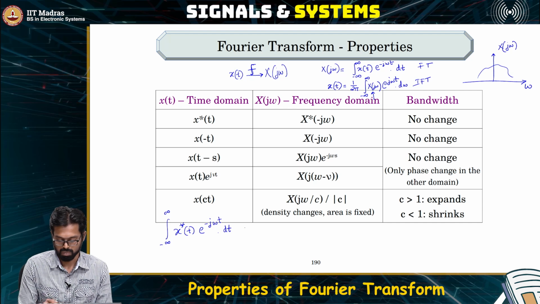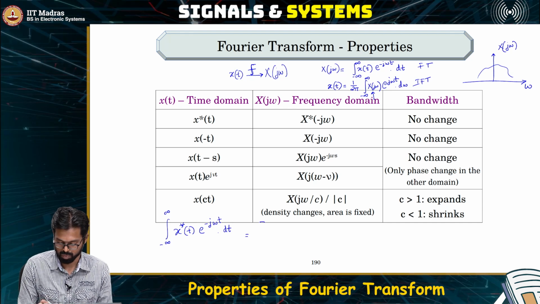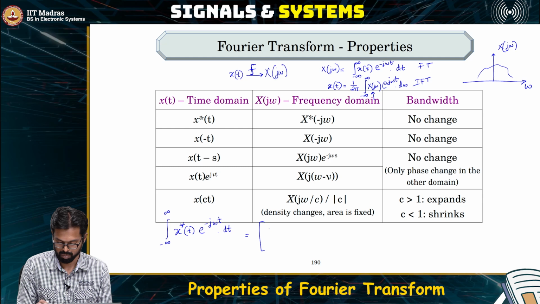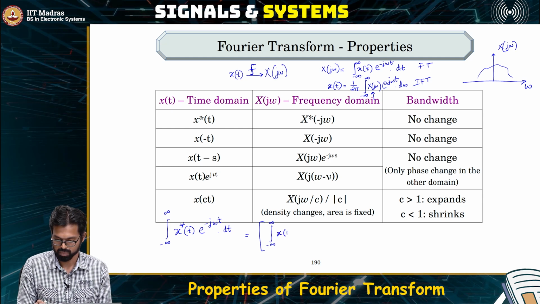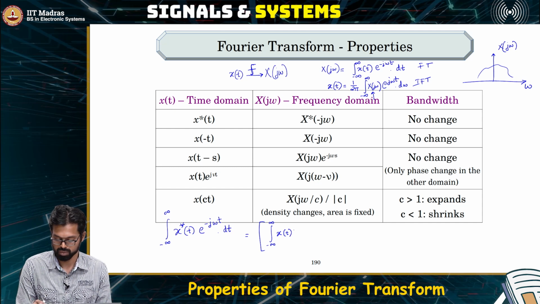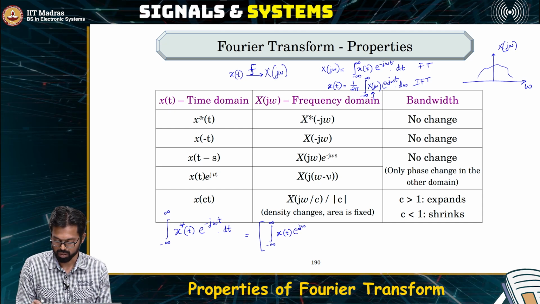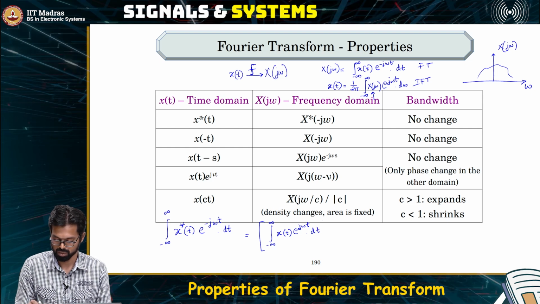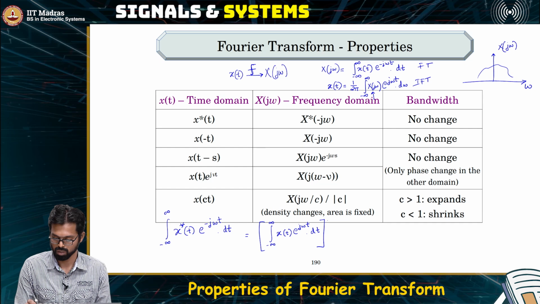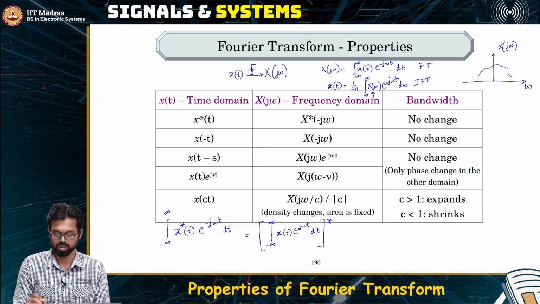Now you can rewrite this as the integral from minus infinity to infinity of x of t e power j omega t dt, the whole star.